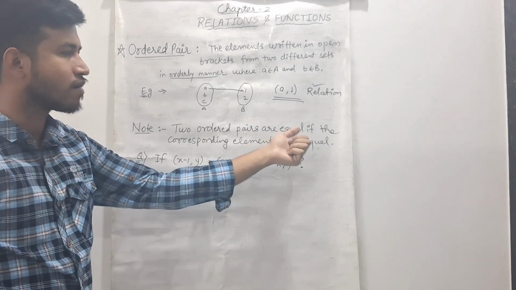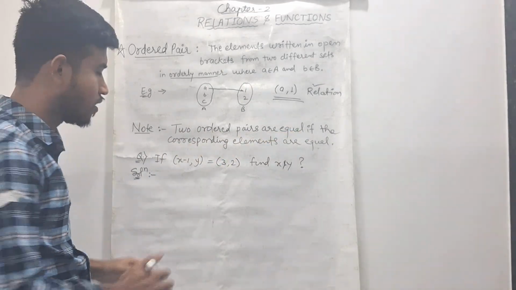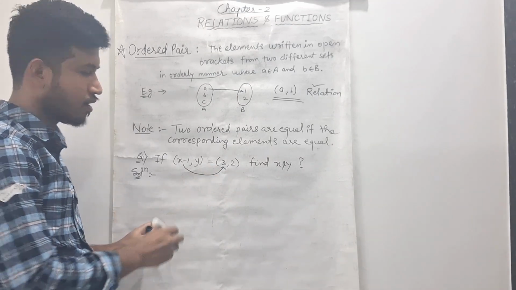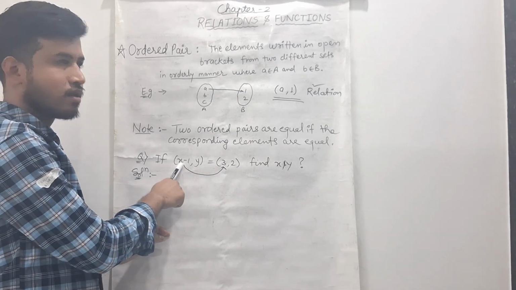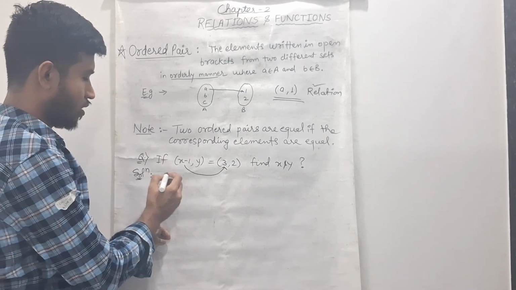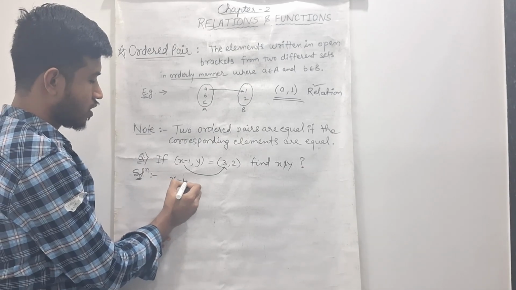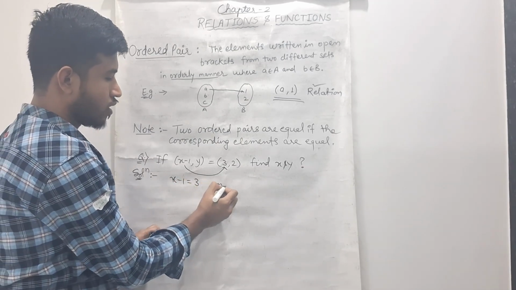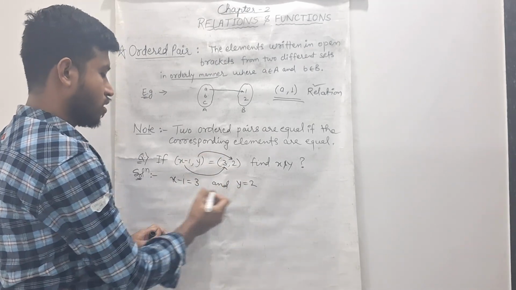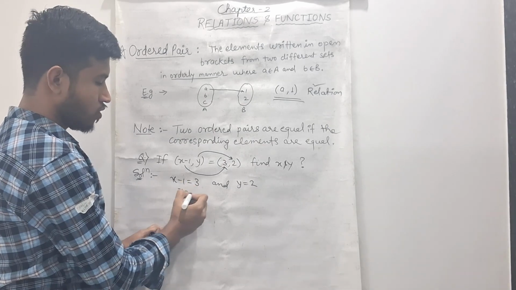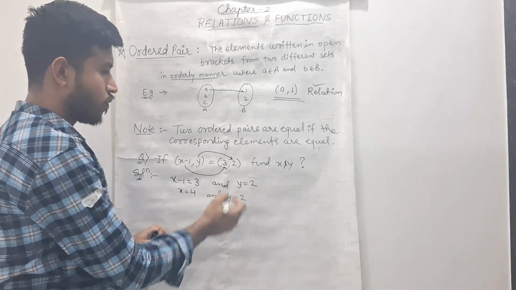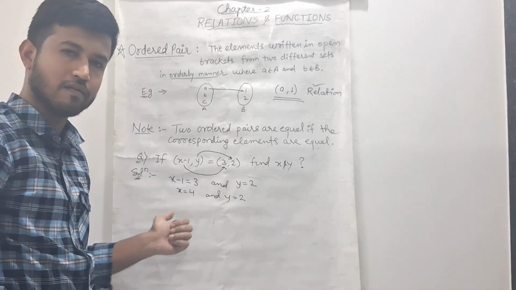We will use this property. Two ordered pairs are equal if corresponding elements are equal, so x minus 1 must be equal to 3, and y is equal to 2. So x is equal to 4 and y equal to 2. So here are the values of x and y.